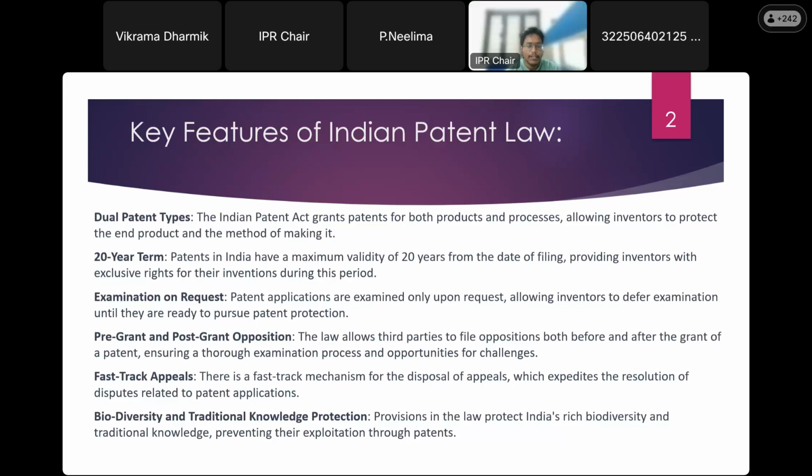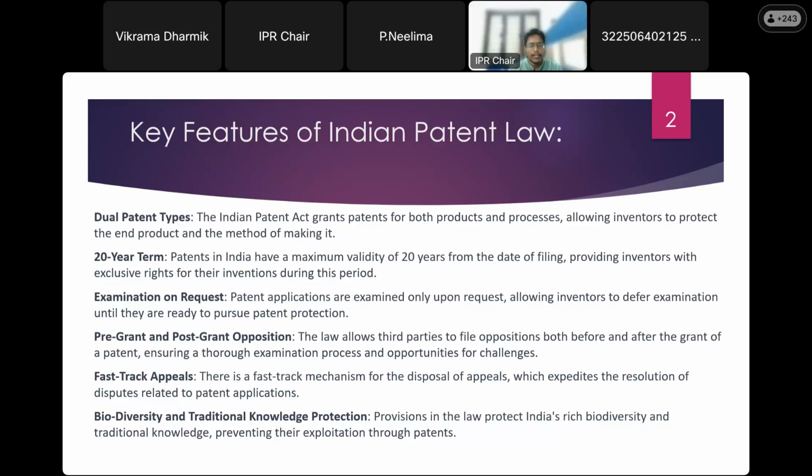You can request the patent office by paying extra. There is a separate form for that, and within 1 or 2 months after you request it, it will be published, rather than waiting for 18 months from the priority date.